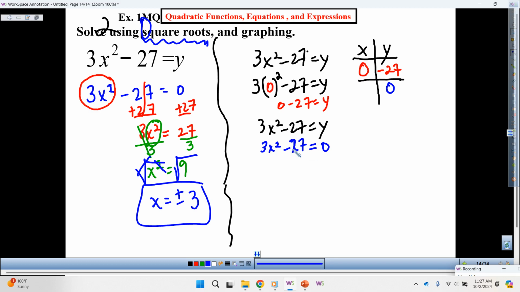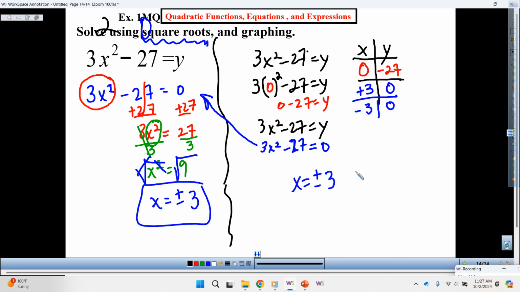Does this look familiar? Yeah, Mr. Q, we already did the work over here. So just, if you want, just show me with an arrow that you already did the work. So the answer for this one is x equals what? Plus minus 3. So when y is 0, x is positive 3, but it's also negative 3.